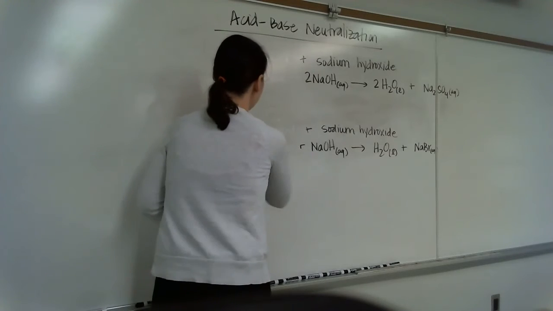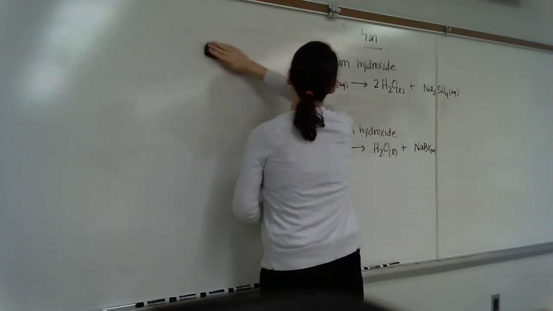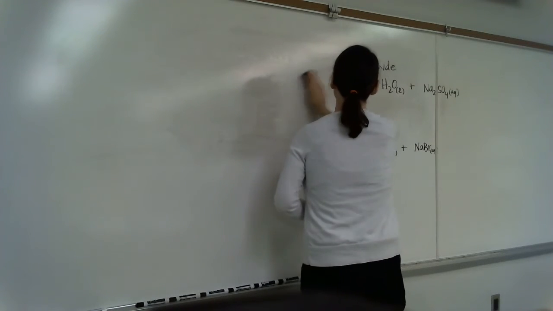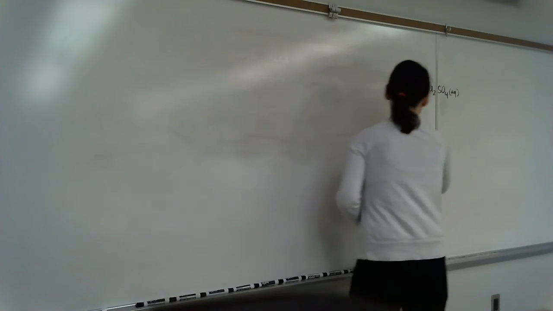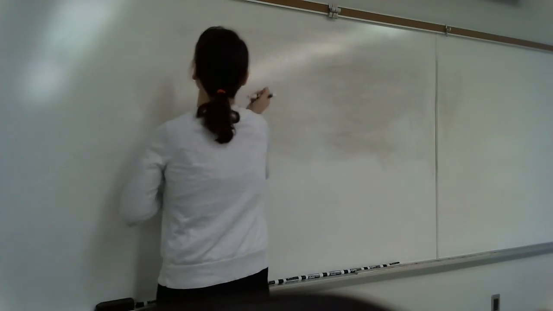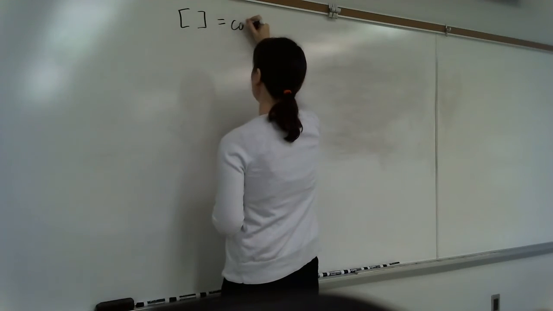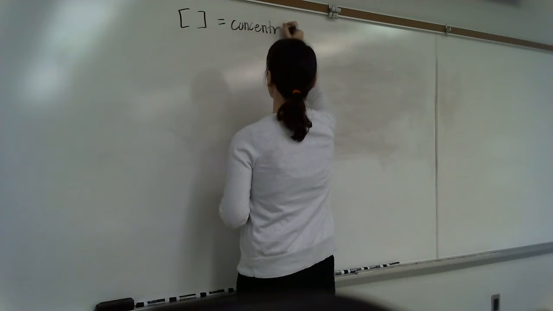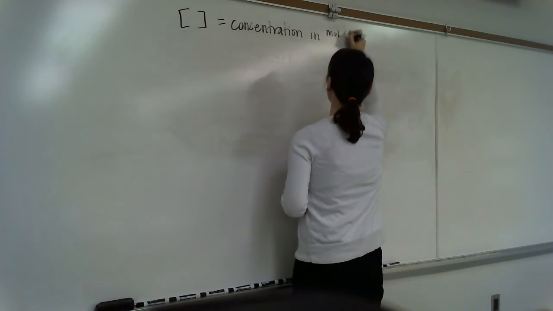All right, let's talk about the pH scale, which is something you've probably heard of before in other classes. But before we get into that, we need to talk about some symbols that you need to know. Anytime you see brackets, that stands for concentration in moles per liter.